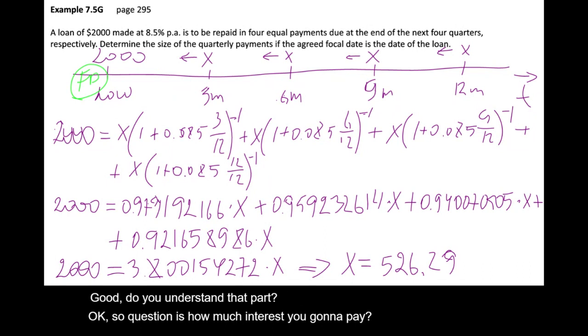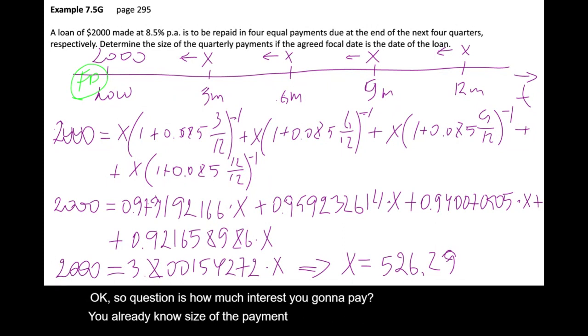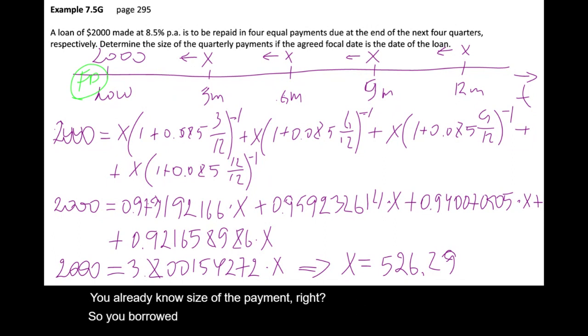You already know the size of the payment, right? So you borrowed 2,000 and you paid $526.29 four times.